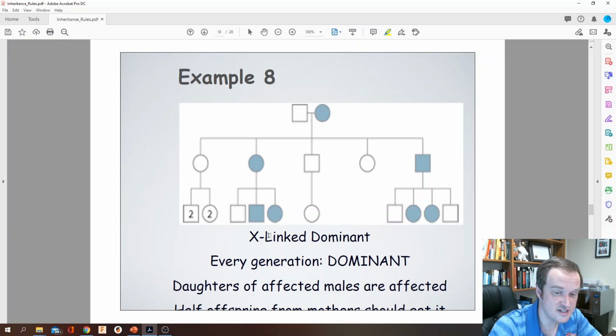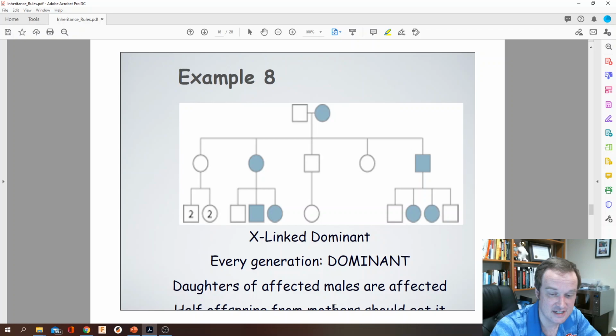Another example of X-linked dominant here. It doesn't skip, I was saying autosomal dominant, but it's X-linked dominant. So it is in every generation, and daughters of affected males have it, and half of the offspring from affected mothers should have it.